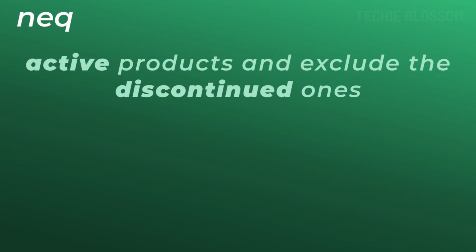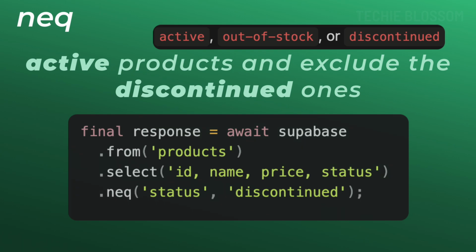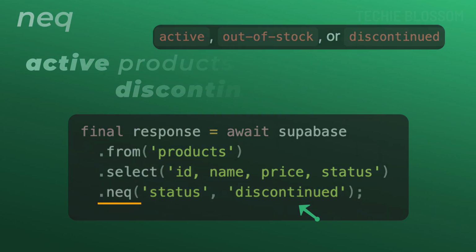In your database, status might store values like active, out of stock, or discontinued. Here's how you would use the NEQ filter to exclude discontinued products. This query will return all the products except those marked as discontinued. It's a simple but effective way to refine your results.